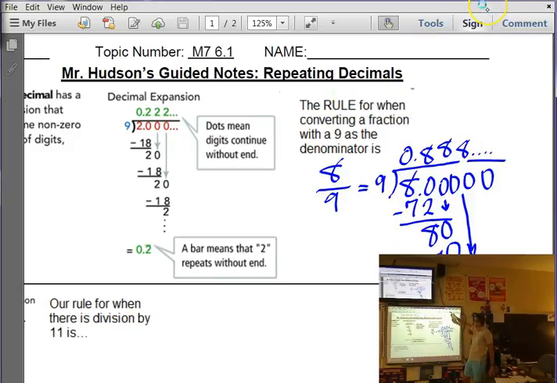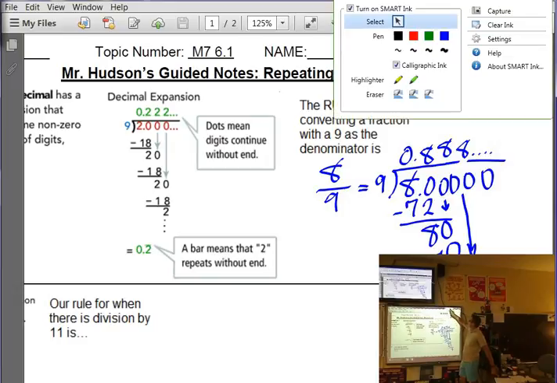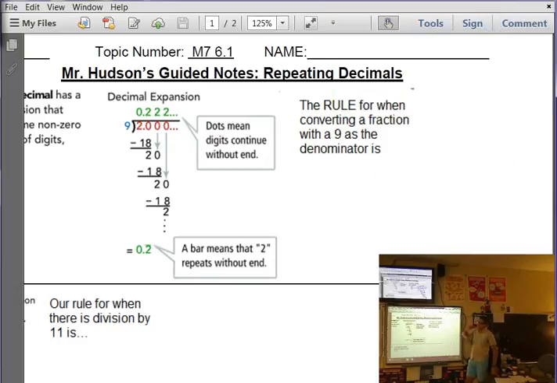So can anyone see a rule or a pattern? 4 9ths was 0.4 forever. 2 9ths is 0.2 forever. 8 9ths is 0.8 forever. Xavier? Whenever you have 9 as the denominator, the numerator will always be the decimal. Yeah.